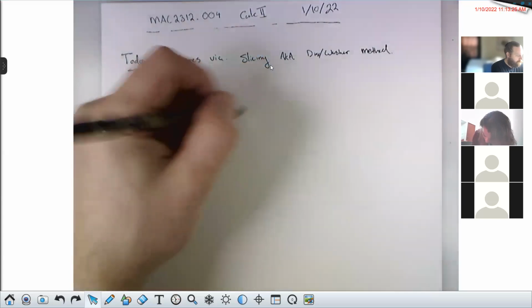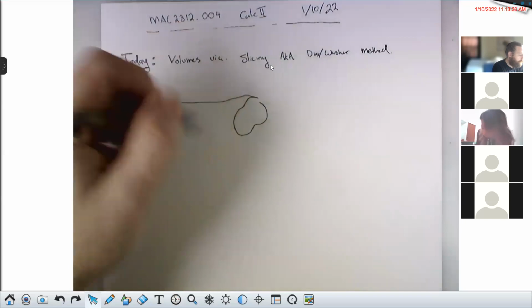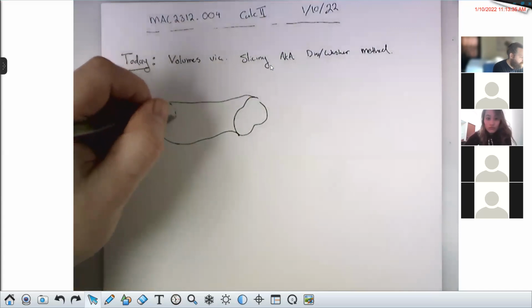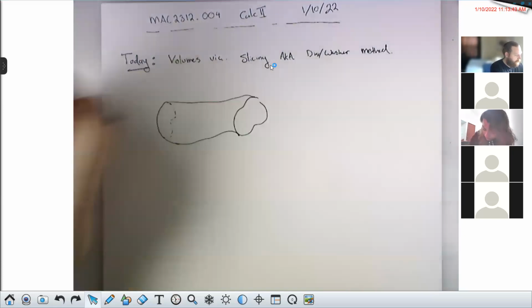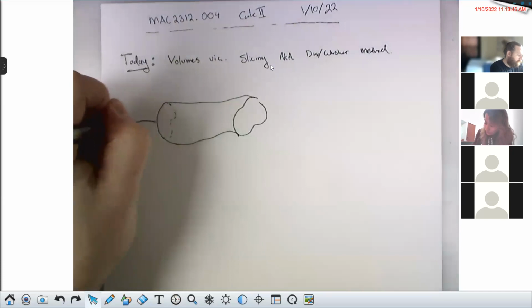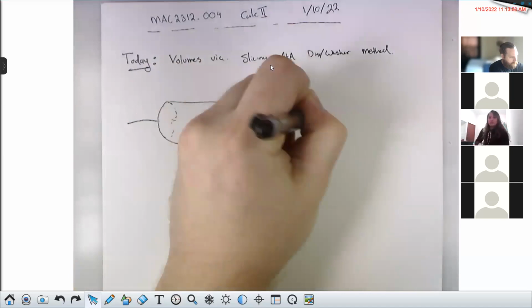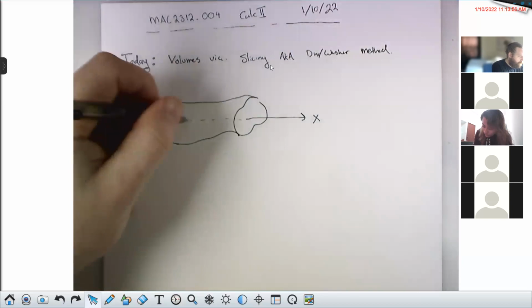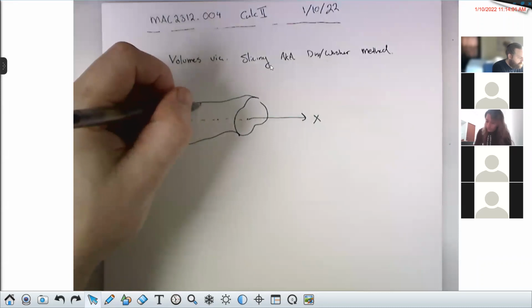So sort of the picture that you'll find in the book, you have some, maybe complicated 3D shape, something like this. And what we're going to do is we're going to think of there as being an axis running through this thing. Call it maybe the x-axis. And we will take a little slice of this object.